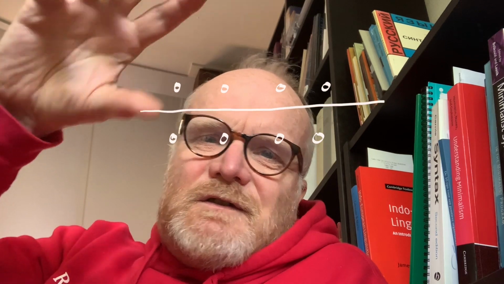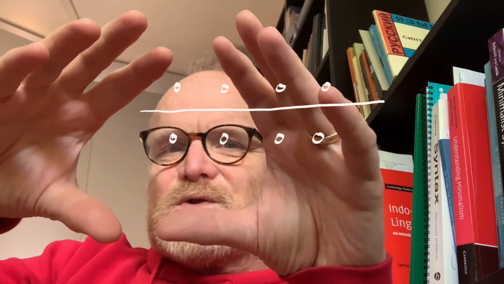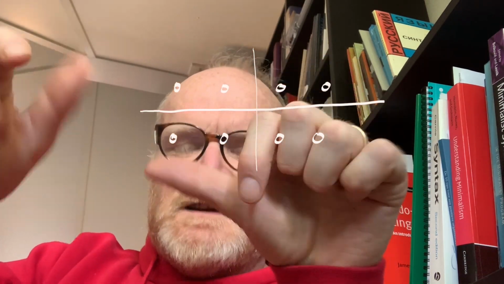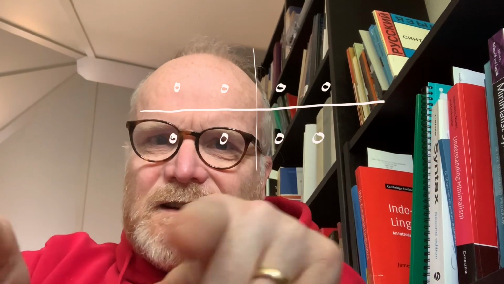So we have 3 features, all 3 of them are binary, so it's 2 times 2 times 2, and that's 8. So we have 2 sets of 4. Each of those 2 sets of 4 can be subdivided in 2 sets of 2. Each of those 2 subsets of 2 can be subdivided into sets of 1. So we do 3 subdivisions and we have 8 different vowels. So we can uniquely describe 8 different vowels by using 3 different features.